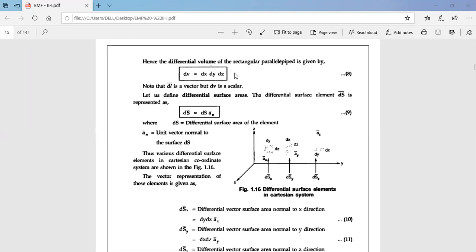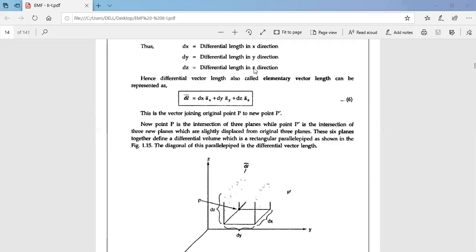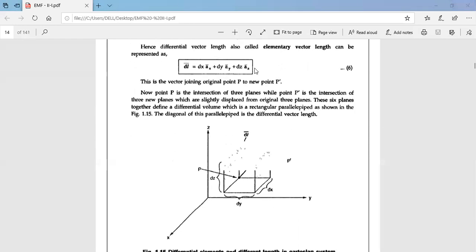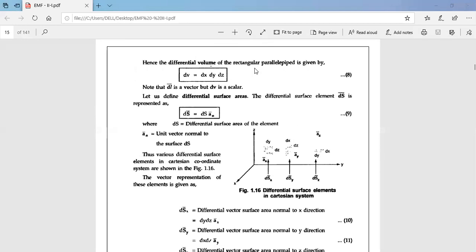I believe that when we last left off, we were on differential length for the Cartesian coordinate system, right? We had just completed that, and we went on to say we also have differential volume.